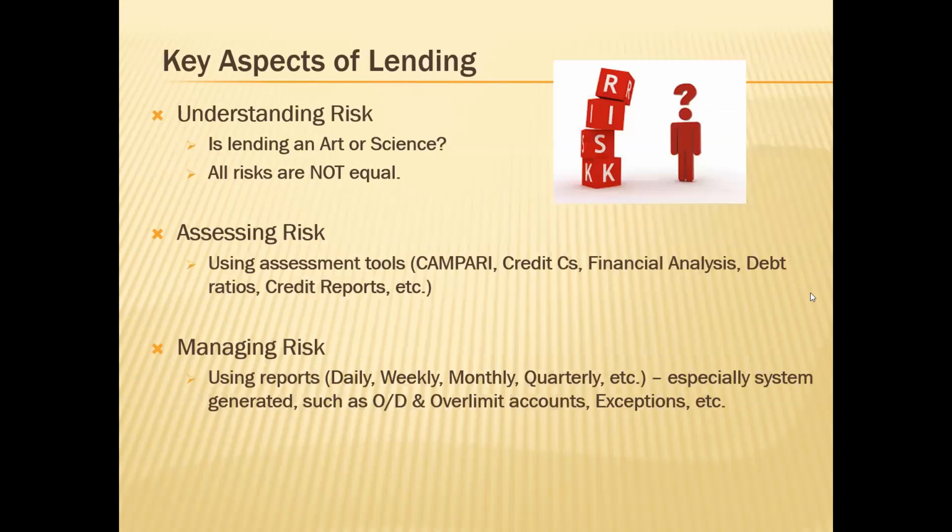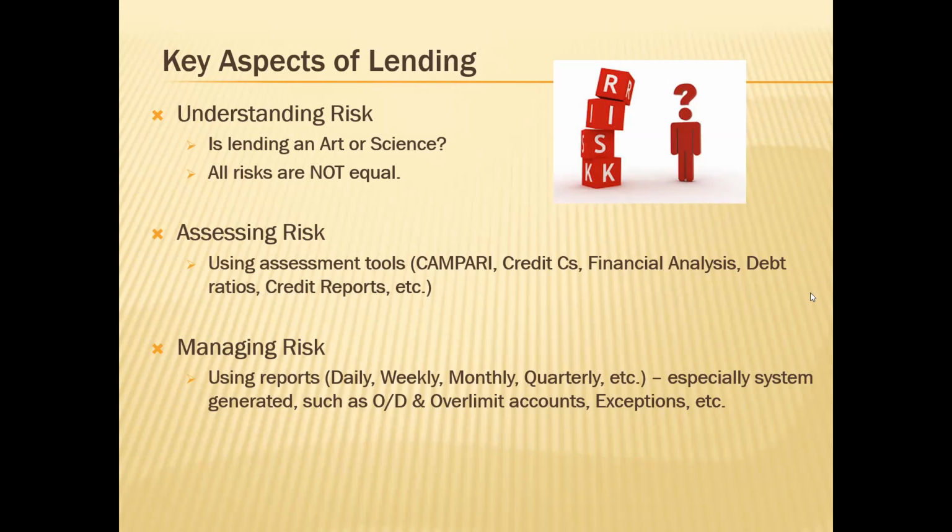Okay. And then, of course, we ended the chapter, as I said earlier. Understanding risk: is it an art or science? All risks are not equal. Assessing risk using assessment tools, COMPARE, which is the canon of lending, or some people say canon of good lending. Your credit Cs, and we'll be looking at COMPARE and credit Cs in detail later on, doing financial analysis.